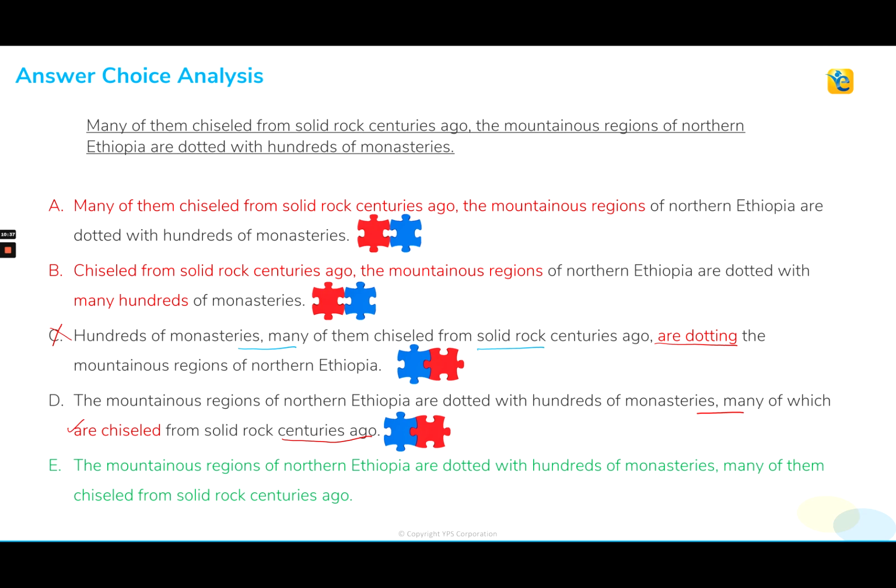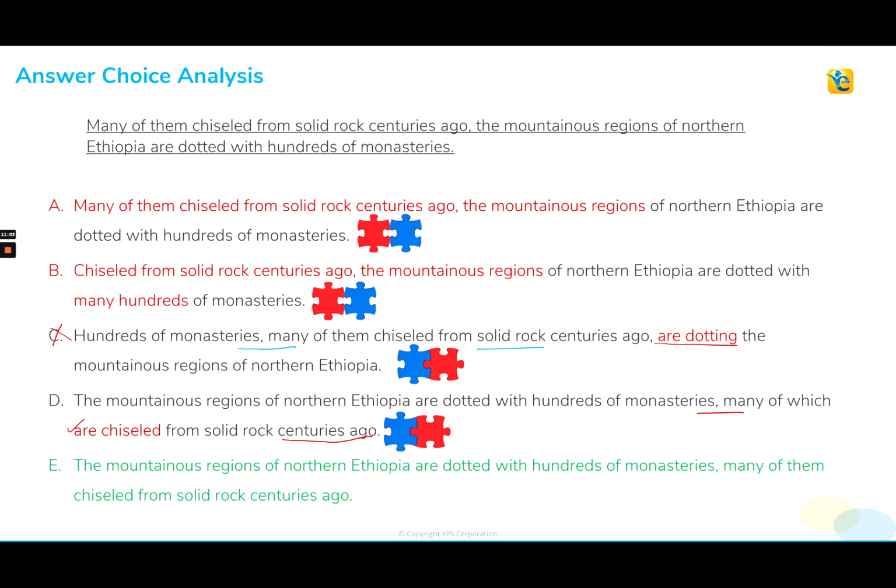What choice E does is that it picks up that opening modifier, many of them, and places it right after hundreds of monasteries to get rid of the modifier error that made choice A illogical in the first place. All right, so choice E is the simple, sweet answer that we've been looking for, grammatically correct and logically correct as well.